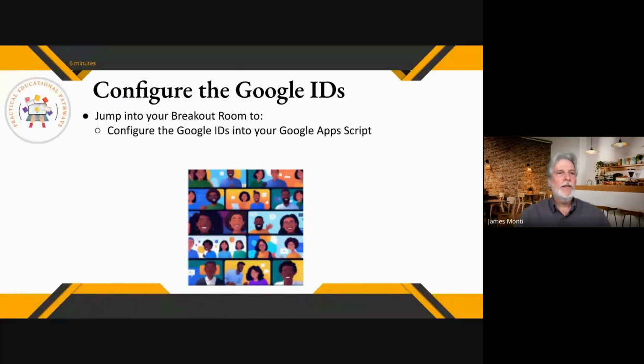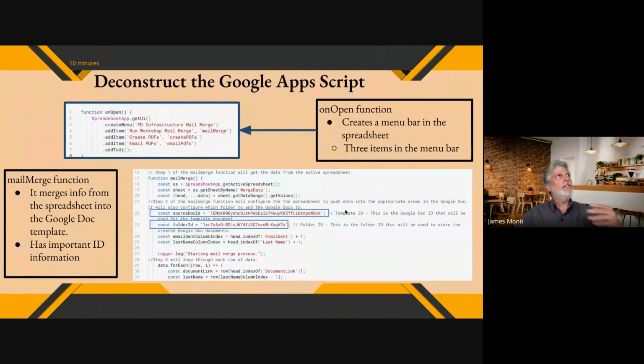And then we're going to jump into using Gemini to dig into the data or the script, and have you use Gemini to make sense of and deconstruct it all. So we've configured the Google IDs, right? Now I'm going to jump into one or two of the functions and show you side by side what's going on.